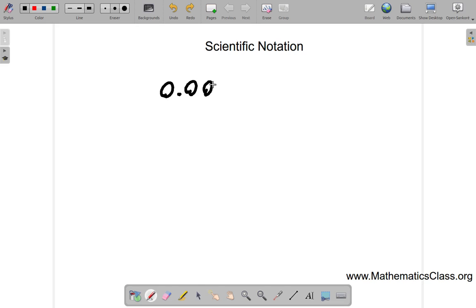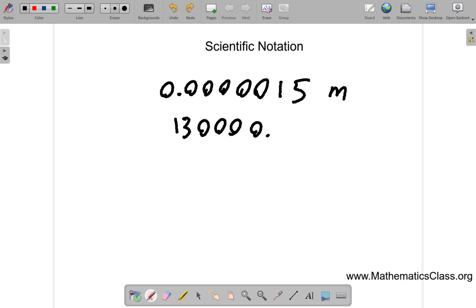Then you have 1, 2, 3, 4, 5 zeros, 1 and 5, right? Meters. Or it could be, for example, a very large force. It could be 13 meganewtons, 13 million newtons of force.